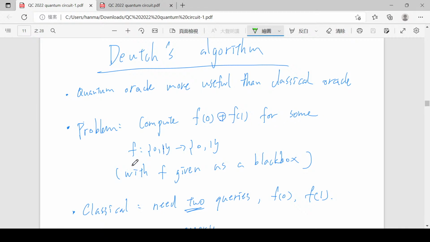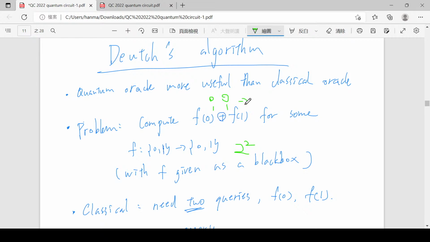So first, we assume our f is a very small function: a 1 bit input, 1 bit output function. So there are actually only 4 possible f. Input of f is only 1 bit, output is only 1 bit. So this f of 0 ⊕ f of 1 is 0 if both of them are 0, or if both of them are 1.